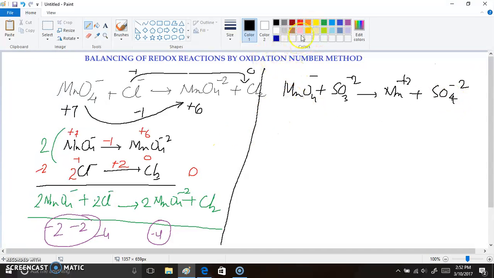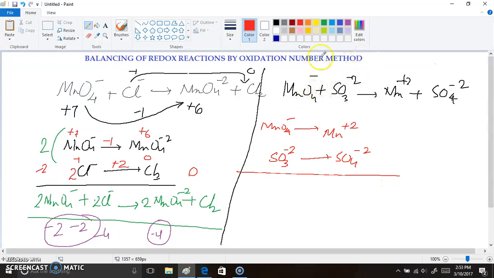Okay, here very simple sense. First you write two equations separately. MnO4 minus gives rise to Mn plus 2. Second equation, SO3 minus 2 gives rise to SO4 minus 2. And write the answer.